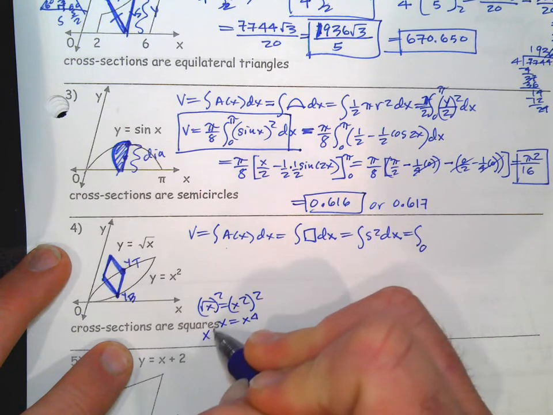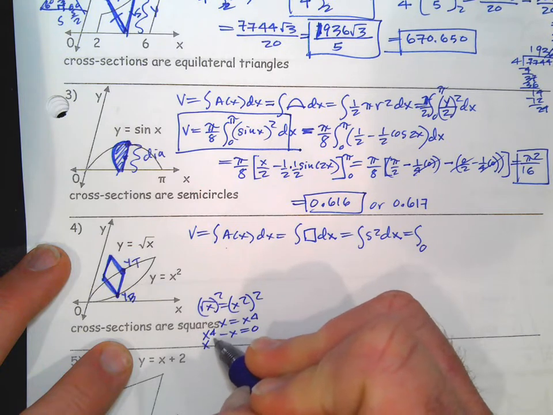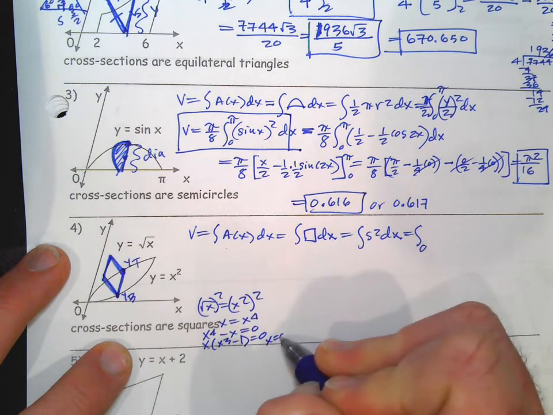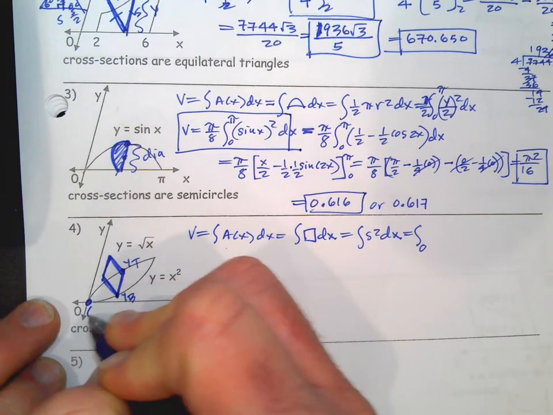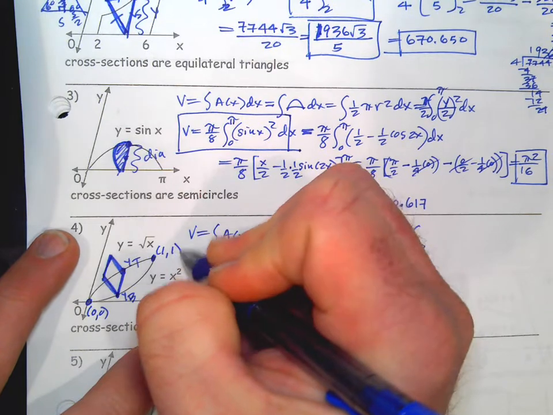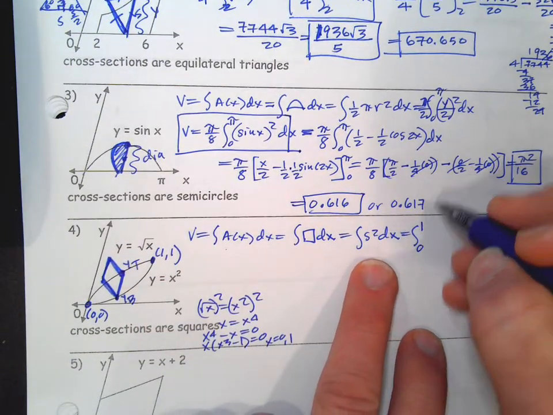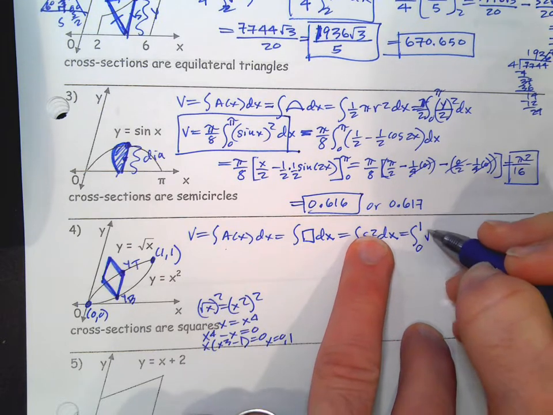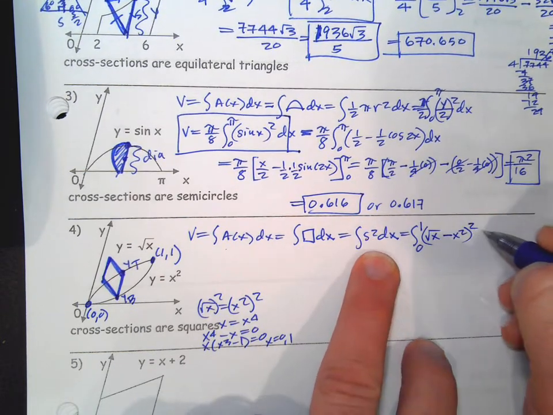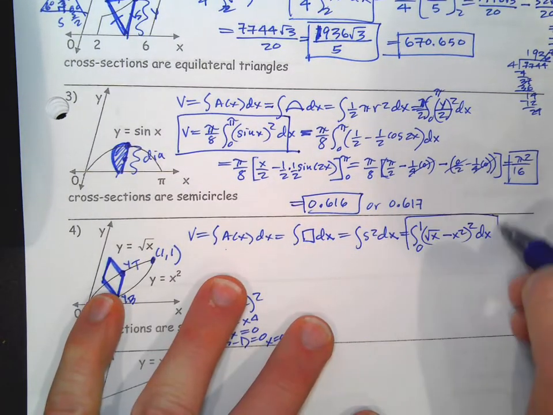Move everything to one side, equal to 0, factor it. And we get x equals 0 and 1. So this is x equals 0, the y is 0. And this is x equals 1, the y is 1. So we're going 0 to 1. Y top is the square root of x. Y bottom is x squared. And then it's squared, of course. So that's your setup for your calculator.